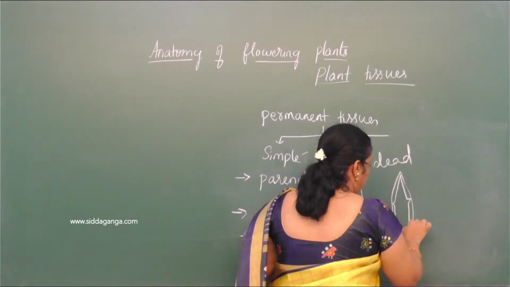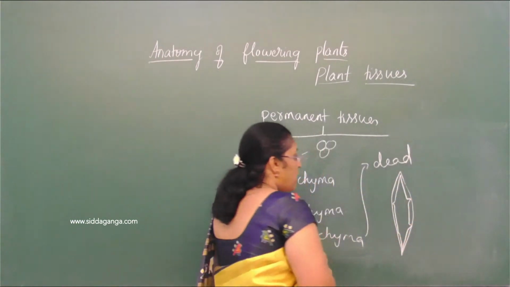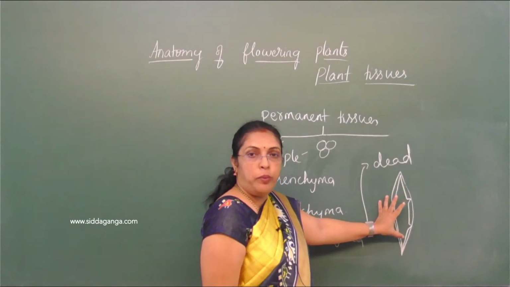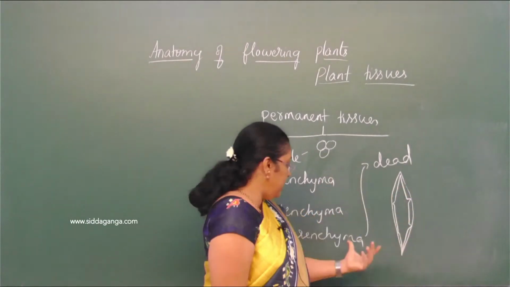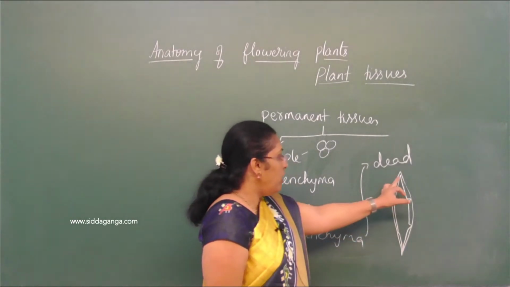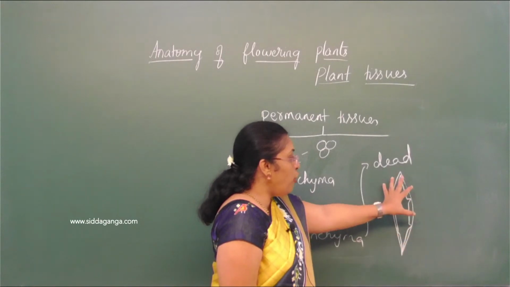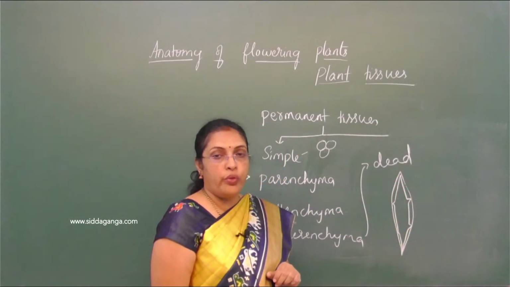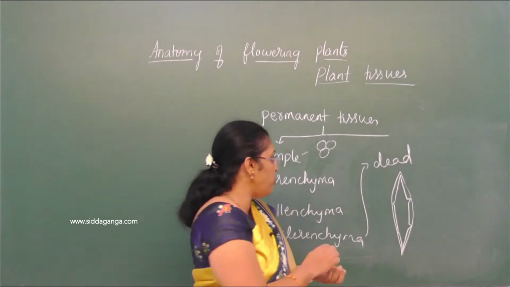As they are dead cells, in immature cells we see the protoplast, whereas in adult sclerenchyma cells the protoplast is absent. And we see uniform thickening in this sclerenchyma with lignin deposition.